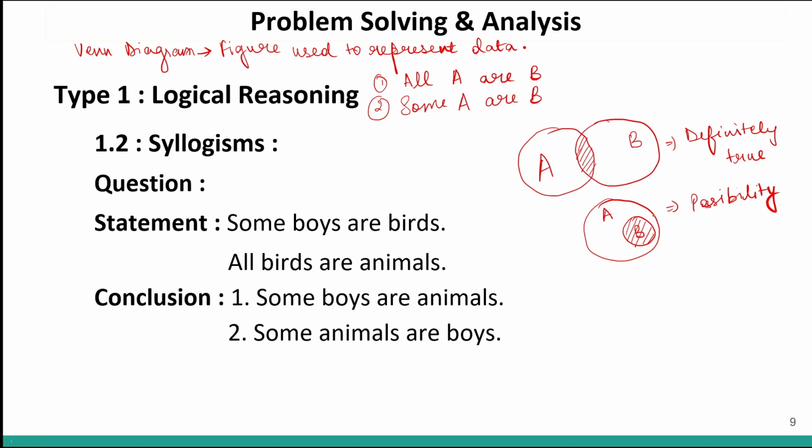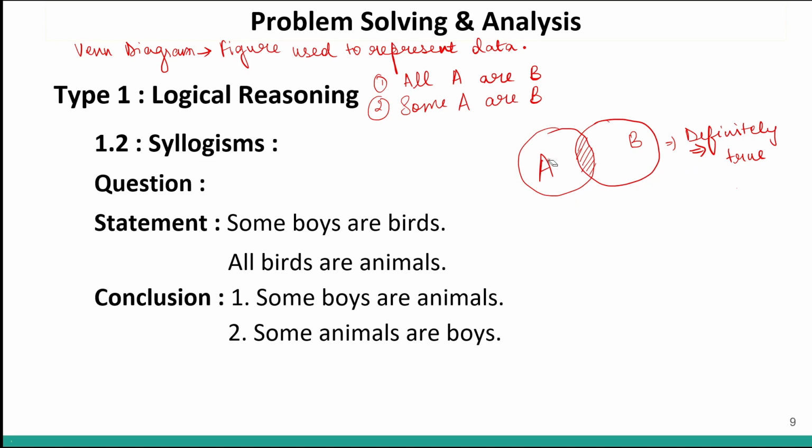Only some A are B is mentioned. So all B are A is not mentioned. So this can be a possibility, but this is not definitely true. So while solving syllogisms, we only look at definitely true options. So this can be a representation, but for syllogism purposes, we will only consider this representation because this is definitely true. So some A are B.